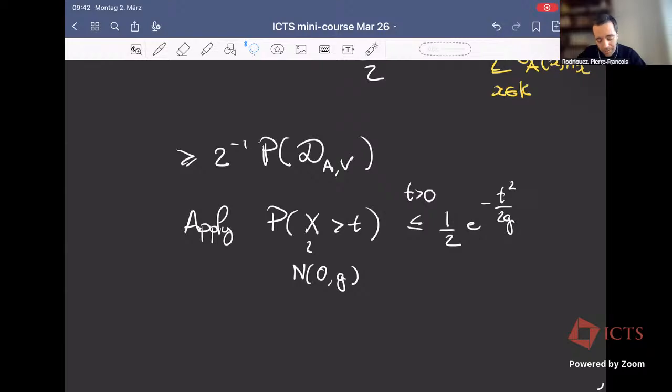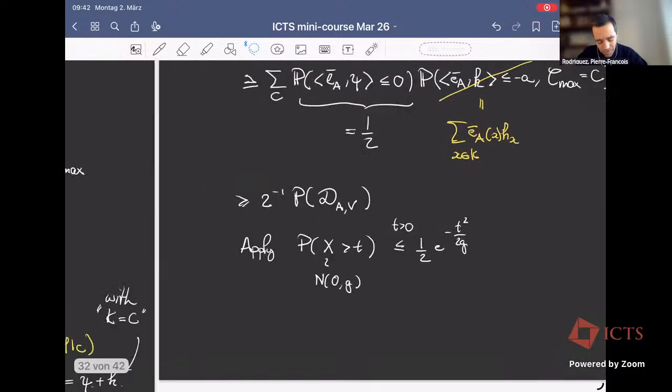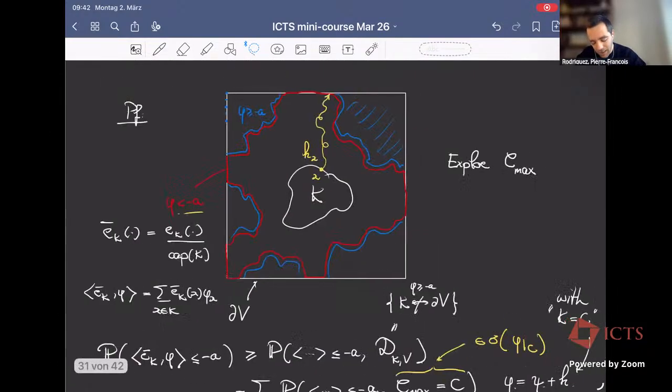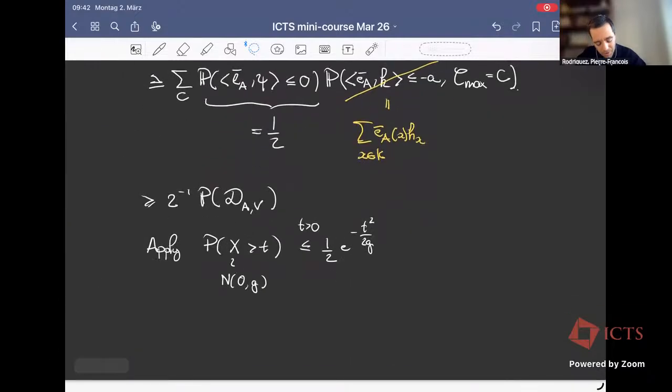Okay, and now you want to apply this. If you remember my statement, the bound was e to the minus a squared over 2 times the capacity of K, and all you need to observe is the variance. In our case, X was this average of Gaussian random variables. So we need to compute the variance g.